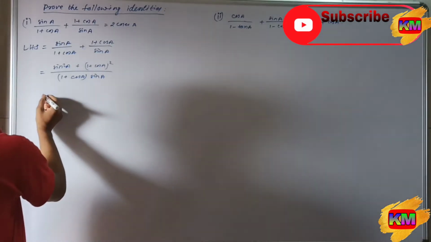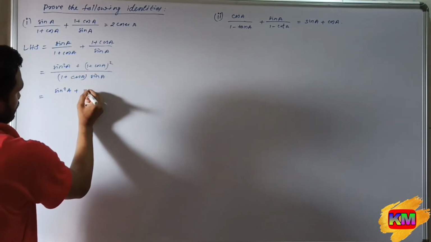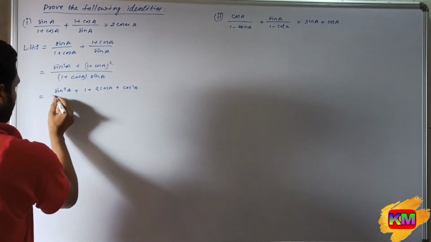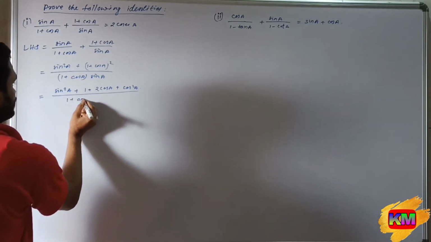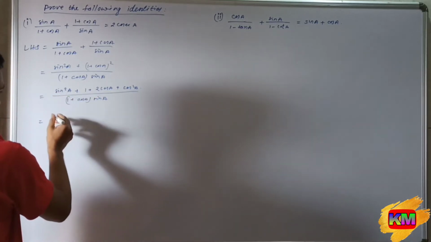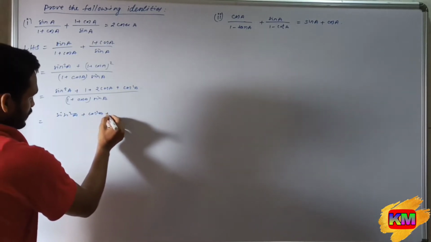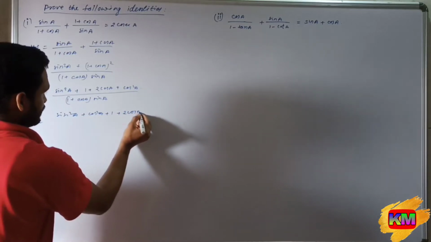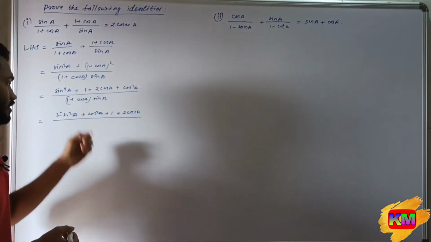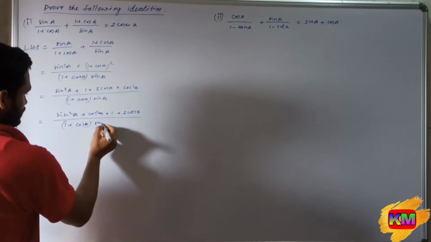Okay, so in the next step we will solve it and we will get sin square A plus 1 plus 2 cos A plus cos square A, divided by 1 plus cos A into sin A. So we will rearrange this and we will get sin square A plus cos square A plus 1 plus 2 cos A. In this we have just written cos square A before 1, divided by 1 plus cos A sin A.